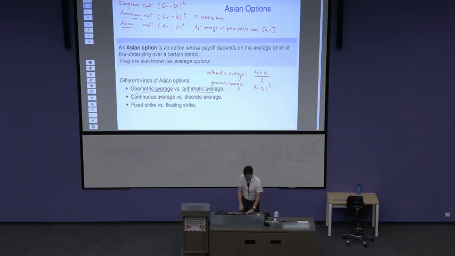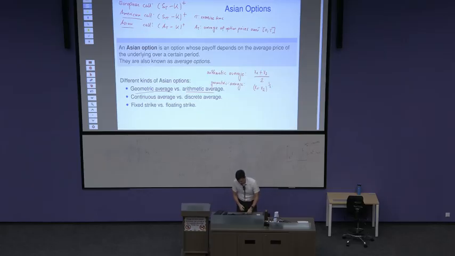And then, in practice, if you wanted to compute the average value, you need to specify the times for which you extract the asset values, which you take in order to compute the average value.